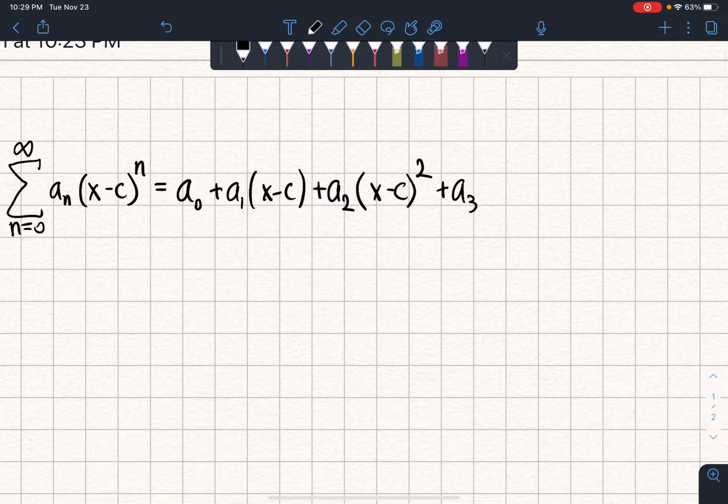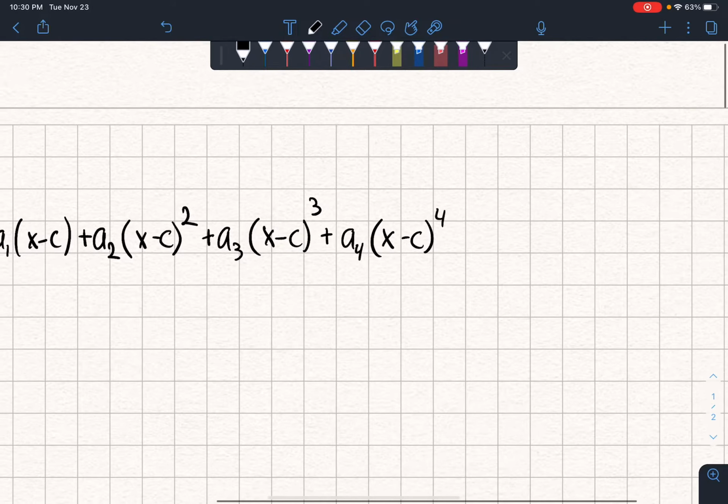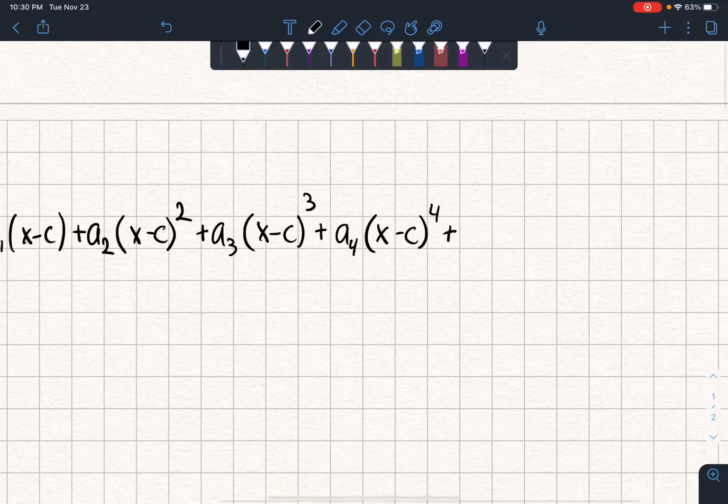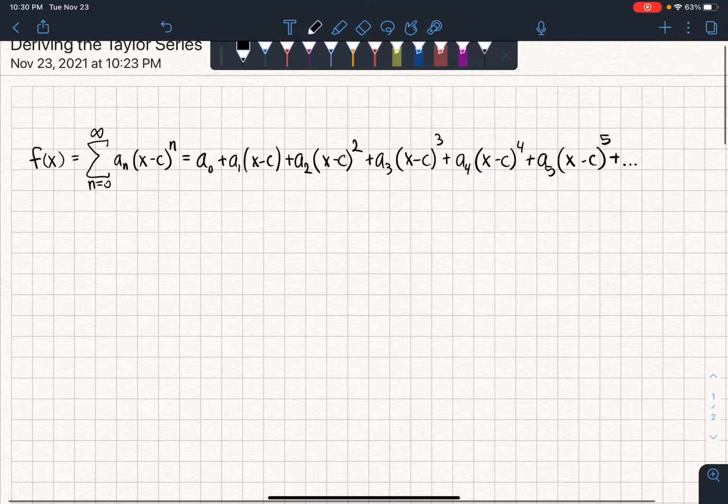A sub 3 times (x minus c) cubed plus a sub 4 times (x minus c) to the fourth, and I'll do one more, plus a sub 5 times (x minus c) to the fifth, and so on. Okay, so here we have an expanded version of this power series.